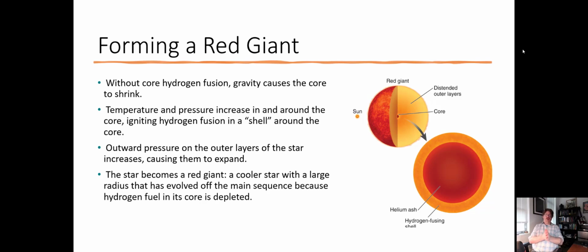In previous lectures, I talked about the color of a star in relation to its temperature. Hotter stars are bluer, cooler stars are redder. And so as this thing balloons out, the surface temperature is going to drop to 3,000-4,000 Kelvin, and it's going to become, like I said, a red giant.